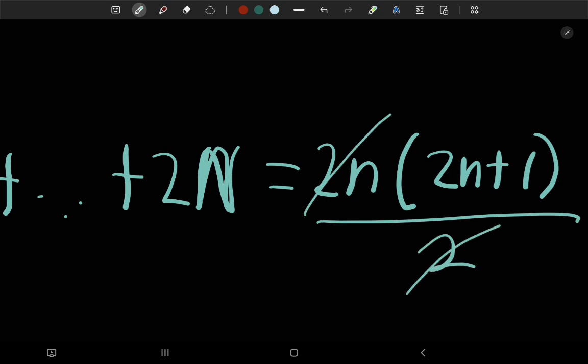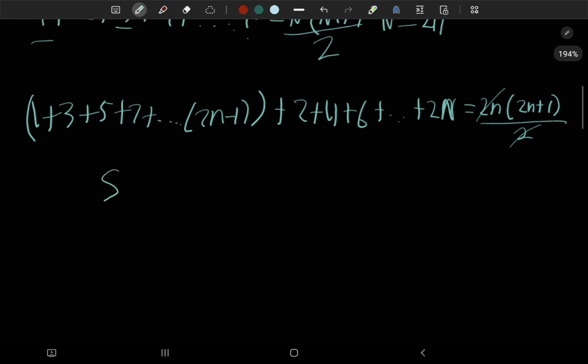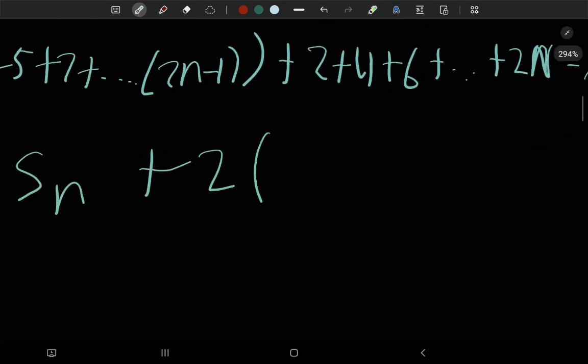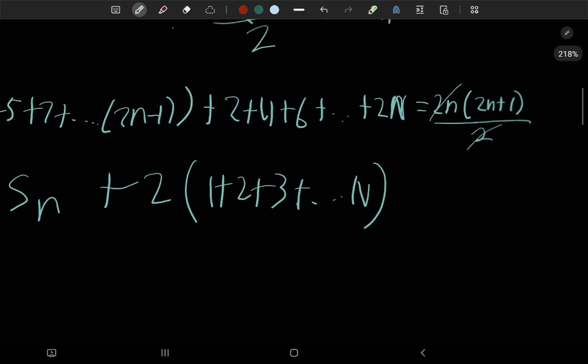And we can cancel it out, which means that this is Sn plus 2 times 1 plus 2 plus 3 and so on to the nth term, which is equal to n times 2n plus 1.